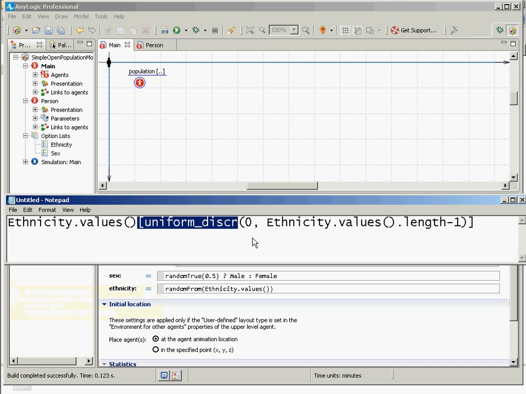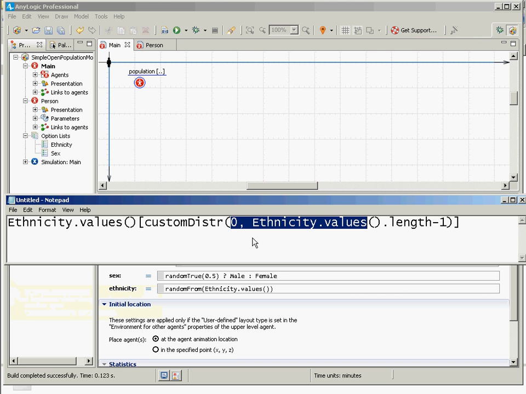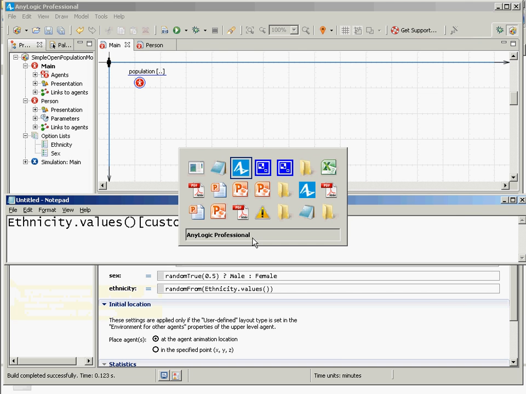I'll put up this value so I don't... Okay, fine. You do custom distr of this, custom distribution. You just call this, it'll be a draw from a custom distribution.